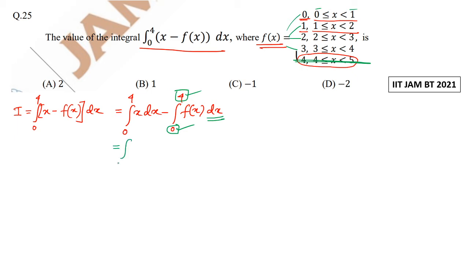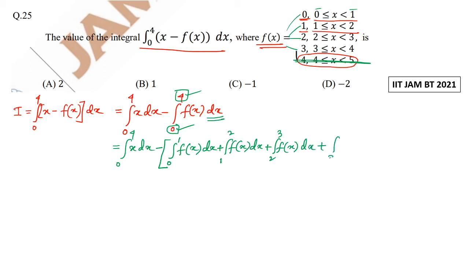So it is the integration 0 to 4 x dx minus, let's divide it: 0 to 1 f of x dx plus 1 to 2 f of x dx plus 2 to 3 f of x dx plus 3 to 4 f of x dx.